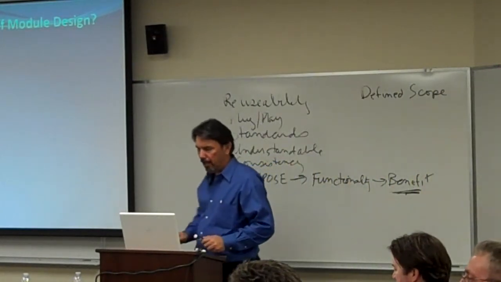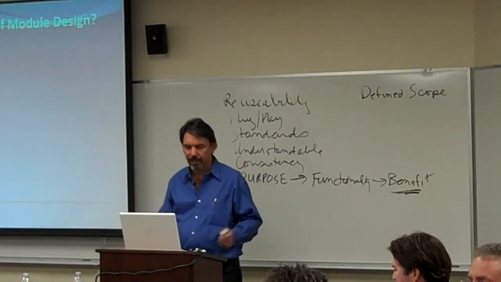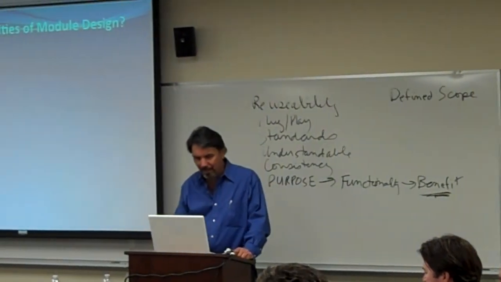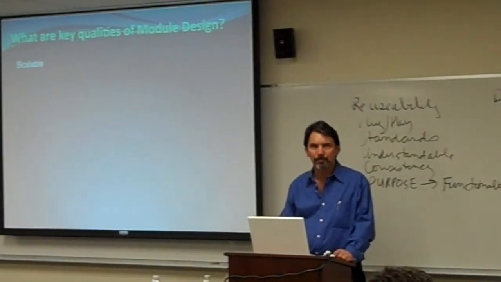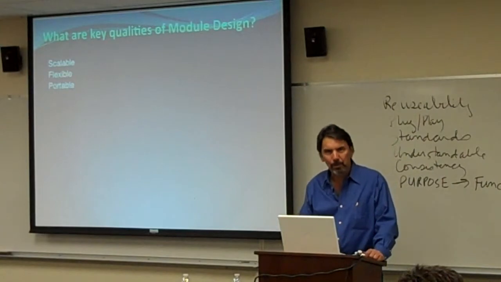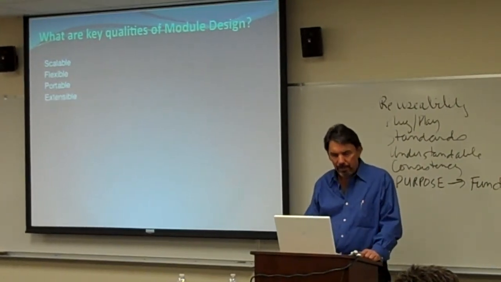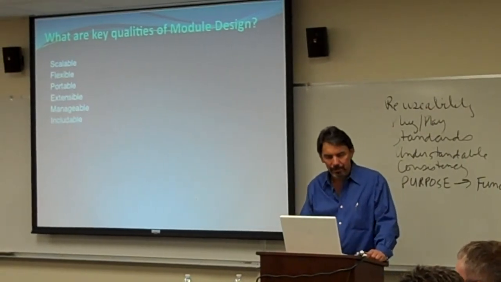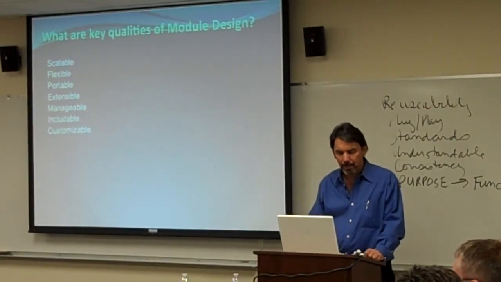All right, just in case you didn't come up with anything, I had some here that I would also mention. It's scalable. It's flexible. It's portable. It's extensible. It's manageable. Includable.